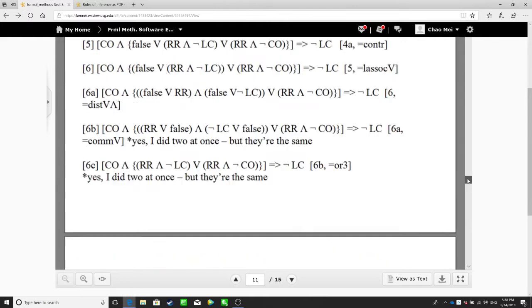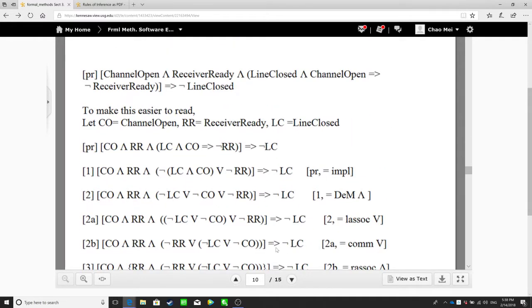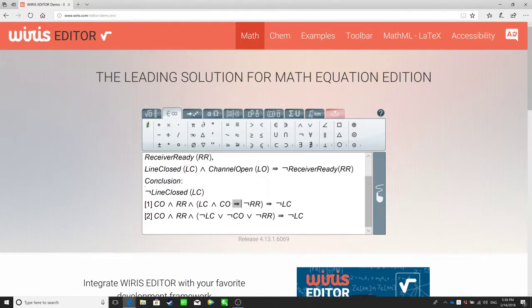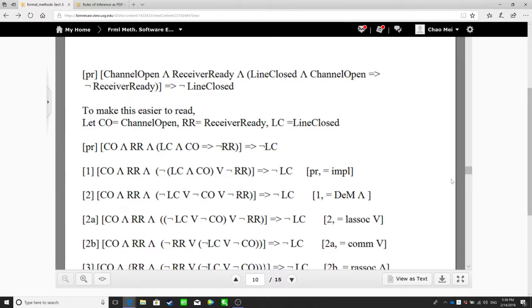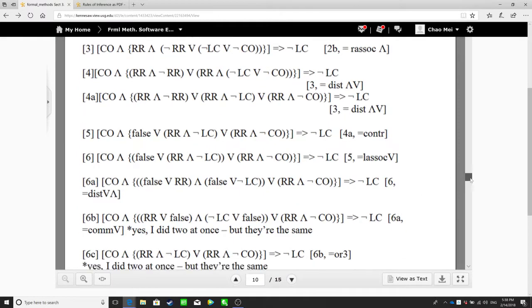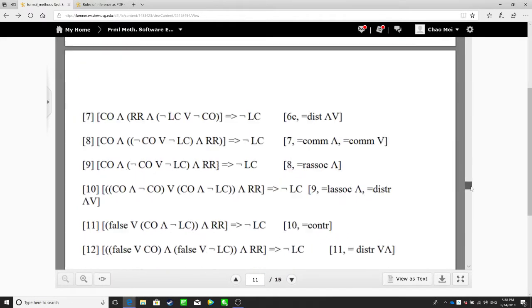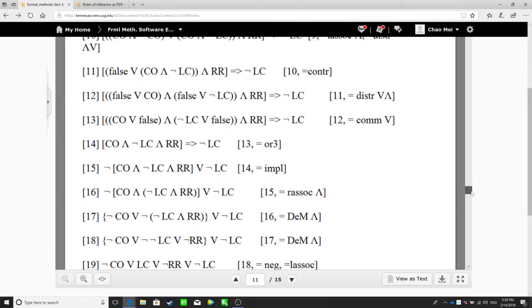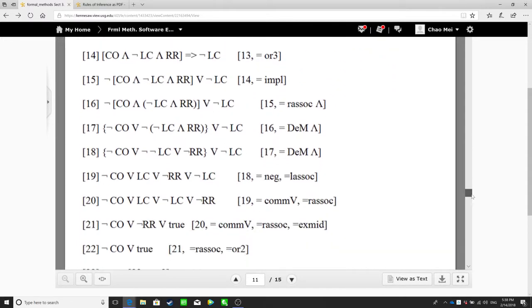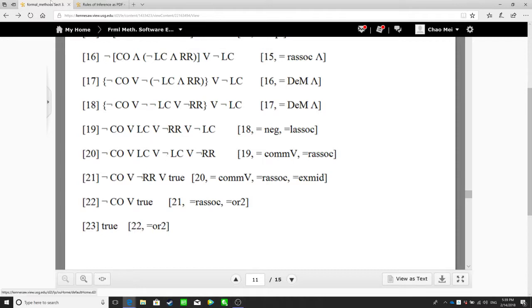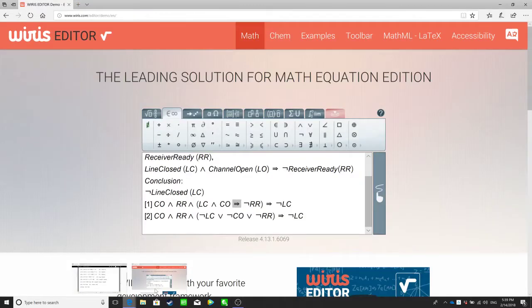Okay, let's see if we can have some quicker ways of doing that. Seems pretty complicated, but actually it's not.